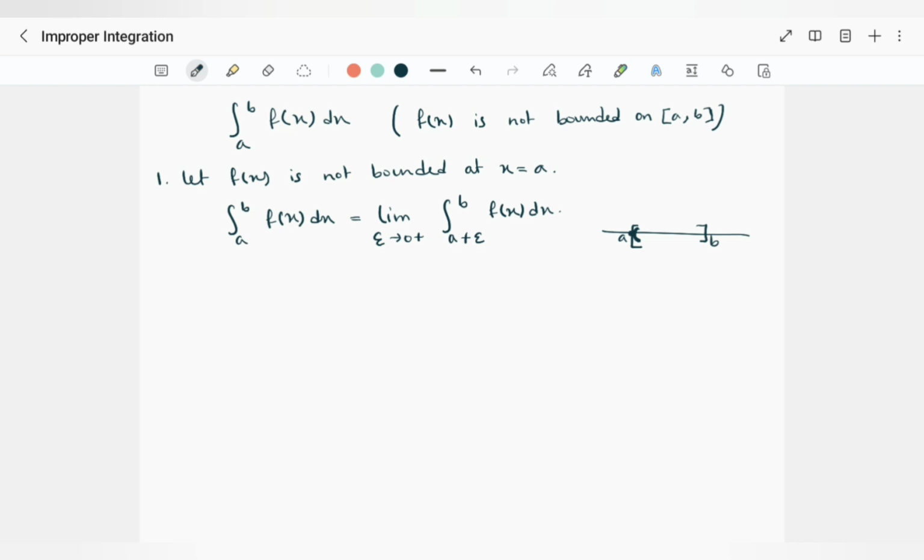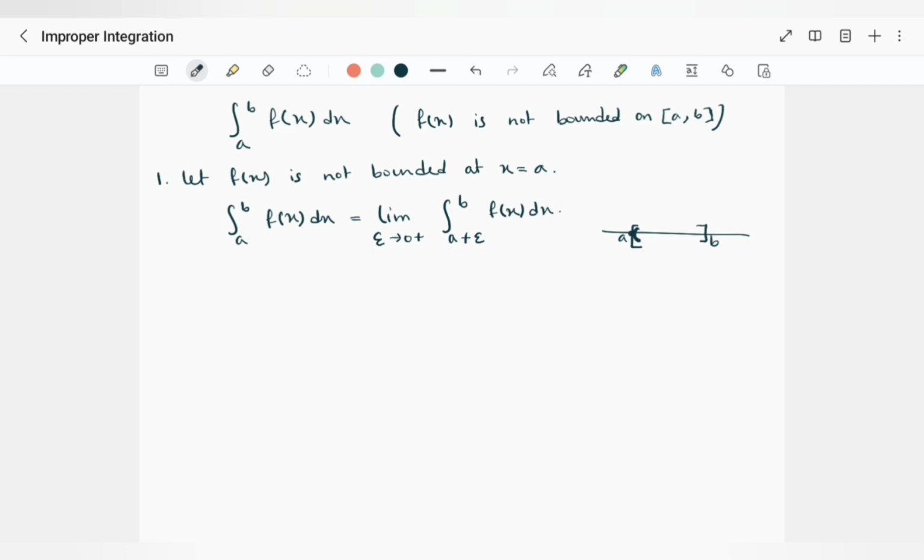So we only shift the limiting value for which the function is not bounded very slightly. a plus epsilon is very near value but greater than a. So epsilon tends to 0 means epsilon is very close to 0 in the positive sense, greater than 0 but very close to 0.